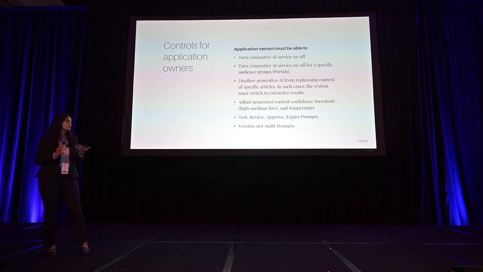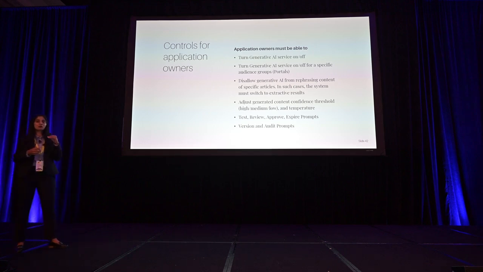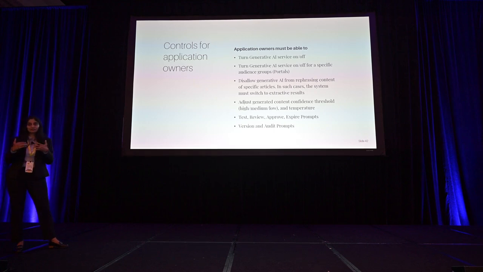Then the ability to adjust the confidence threshold and the temperature. As we are working with customers, we do see that the expectations on the response that the AI is generating are very different. At times you're okay with a not confident answer based on the business where you're using it, or it absolutely needs to be the highest confident answer for it to show up on the UI.